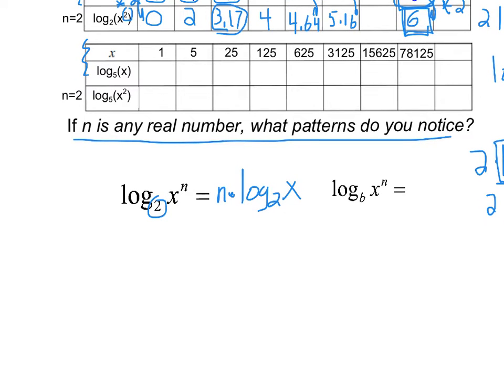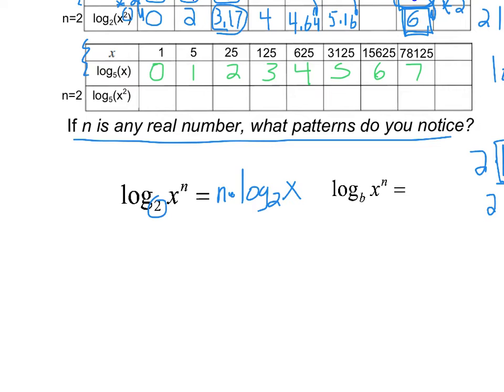If I fill in this table from the previous page, this happened to be 0, 1, 2, 3, 4, 5, 6, and 7.